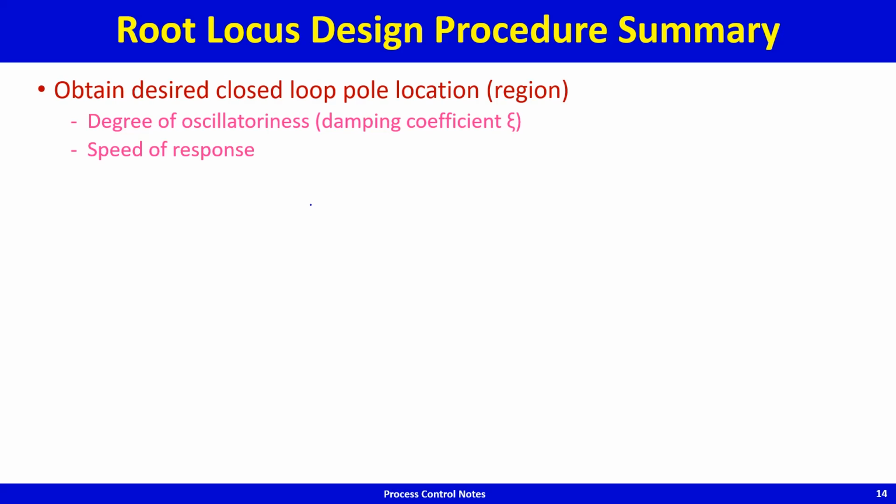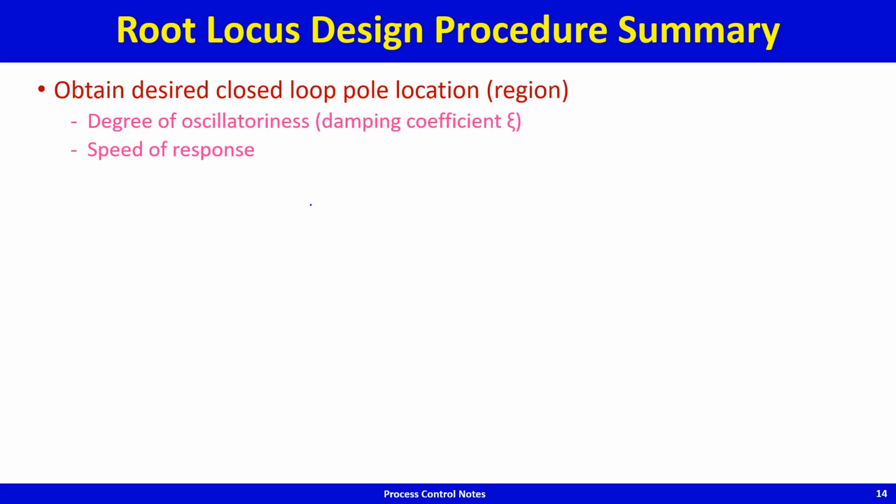If you want no offset, just design a PI controller and choose tau I to cancel the dominant open loop pole. If there are specifications of the degree of oscillatoriness, that means the closed loop damping coefficient or the speed of response, then you are indirectly saying that the root locus must pass through such and such a point.